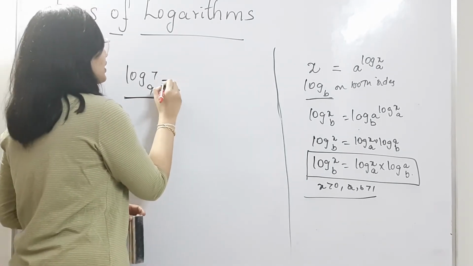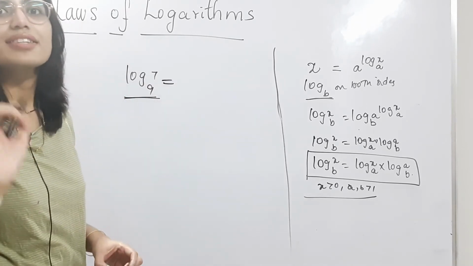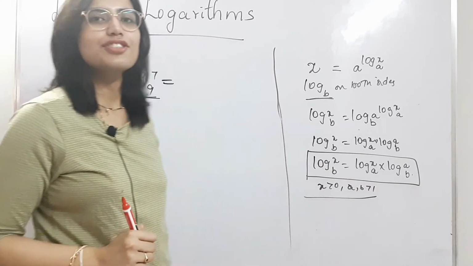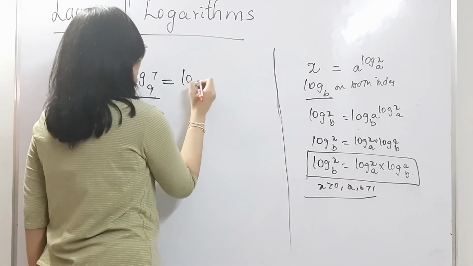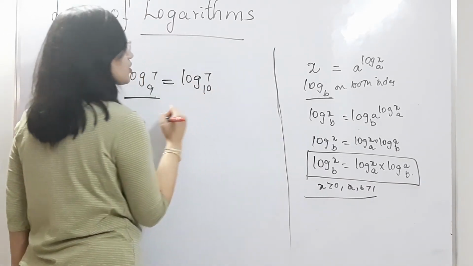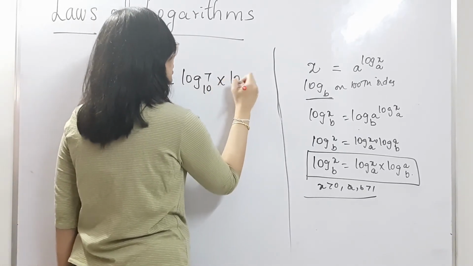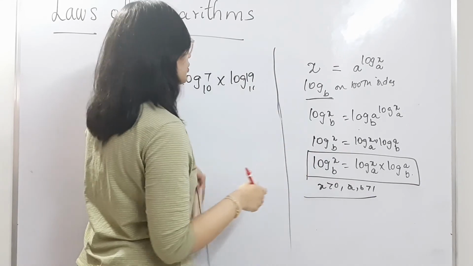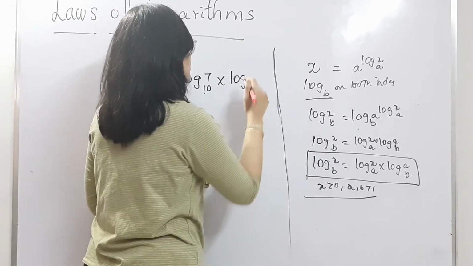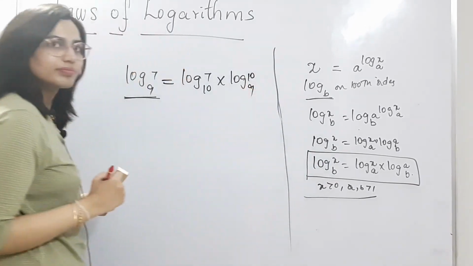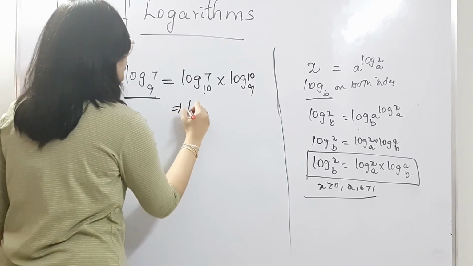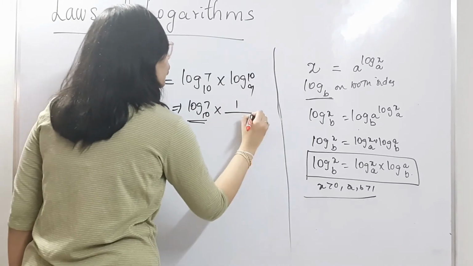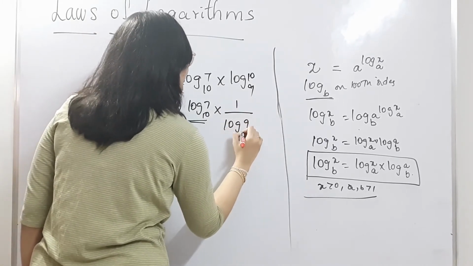What we do is we convert this into log to the base 10 and then we find it. This is where this rule will come into picture. How? First I'll write this as log 7 to the base 10 into log 10 to the base 9 using this rule. Yes. Right. And how do you convert this? Log 7 to the base 10, you will get this value into 1 by log 9 to the base 10.